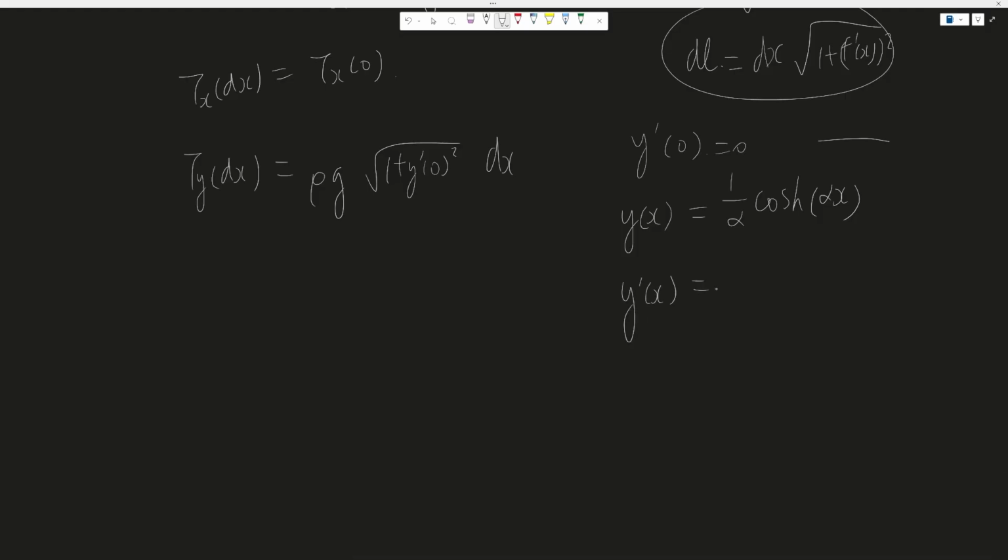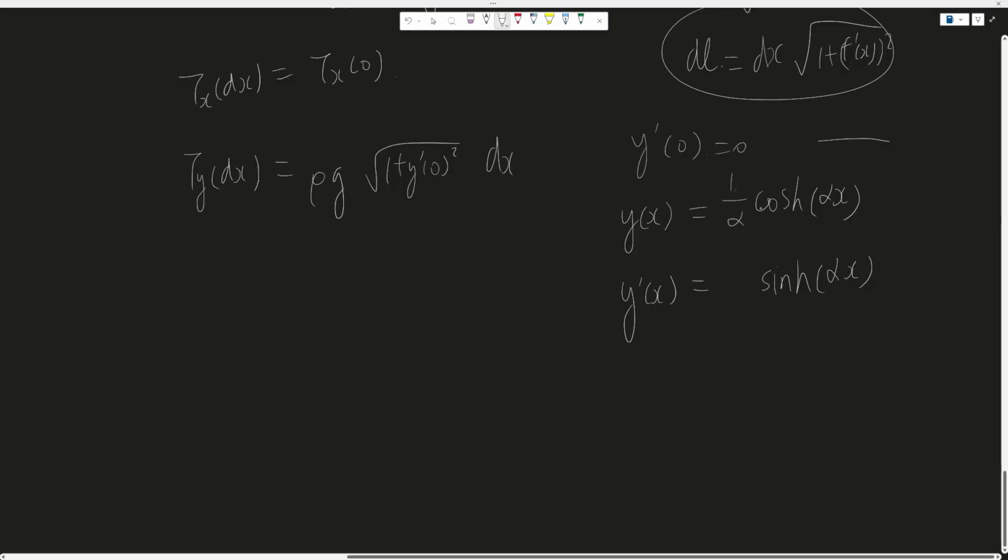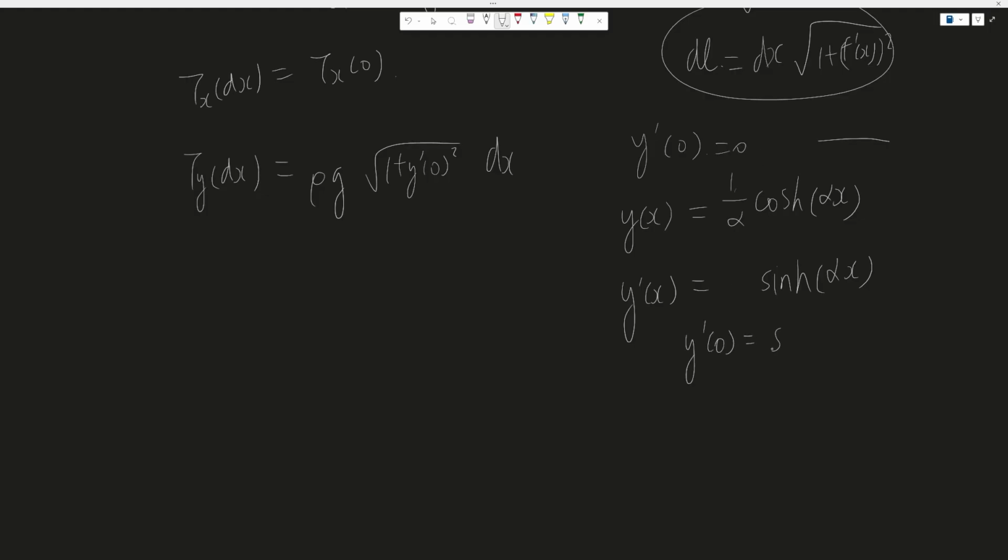Y prime of x is basically hyperbolic sine alpha x. Because of the chain rule, this alpha from alpha x becomes alpha and it cancels this part, and then hyperbolic cosine becomes hyperbolic sine. And so obviously y prime of 0 is hyperbolic sine 0, which is 0. So then basically this part becomes ty dx needs to equal rho g dx.